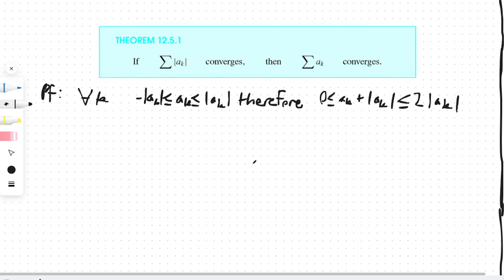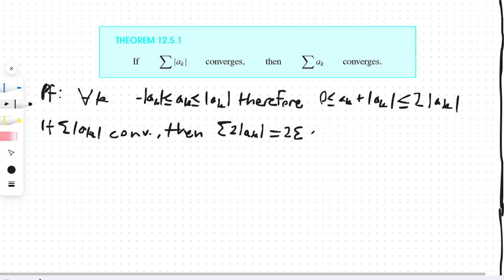To do that, we're going to say that if the series of absolute value of a_k converges, then we can also say that the series of 2 times absolute value of a_k is also going to converge.